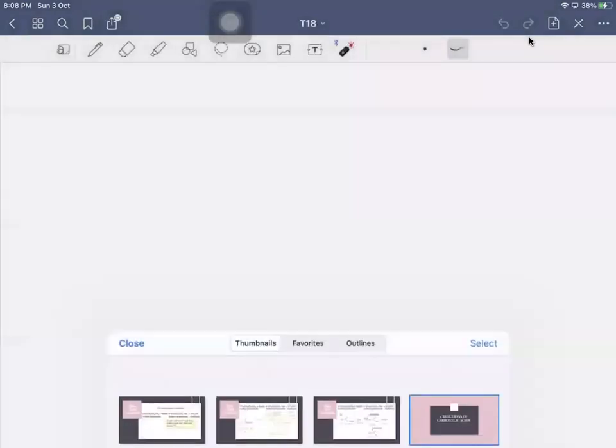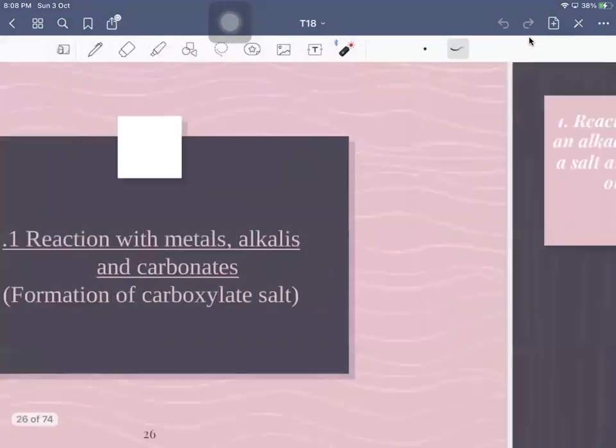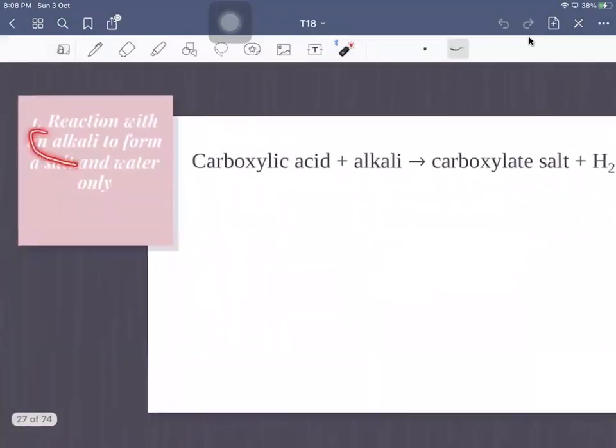So we're going to look at the first reaction, of acids with an alkali to form a salt and water.